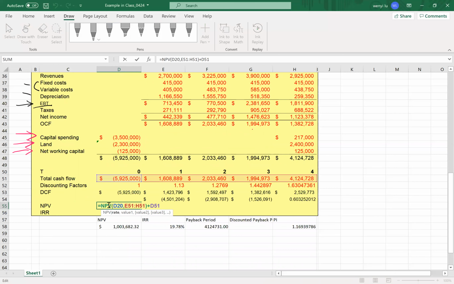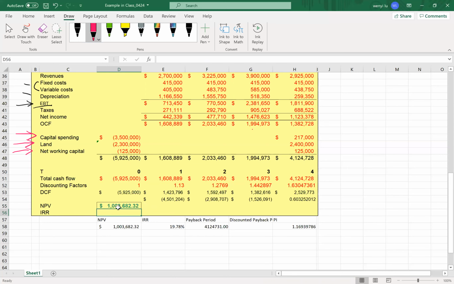So you can see here: NPV, then the discount rate, then you choose the cash flows from 1 to 4 into a bracket. After you finish the NPV function, plus the initial outflow, you solve the NPV, which is $1,003,682.32.